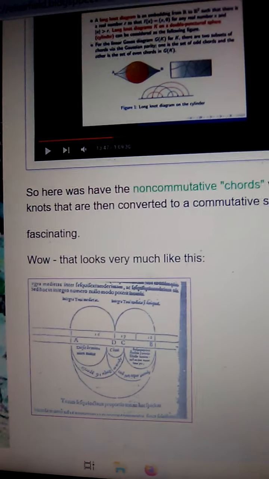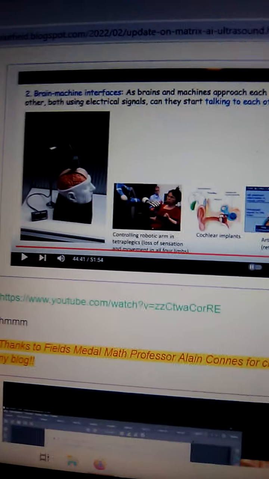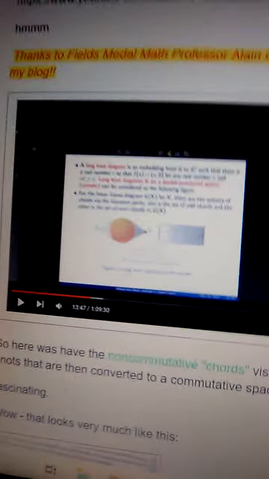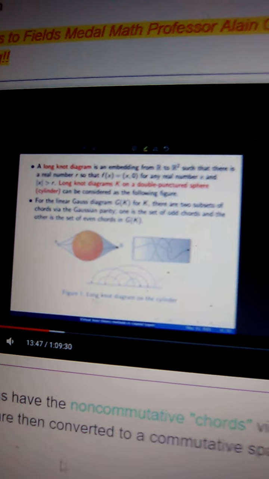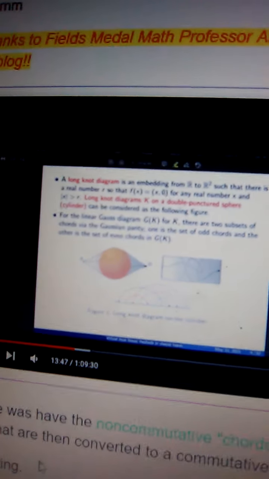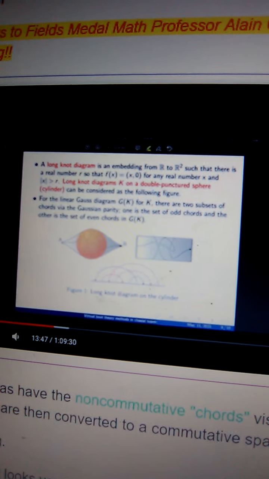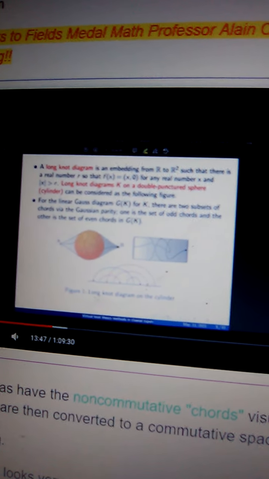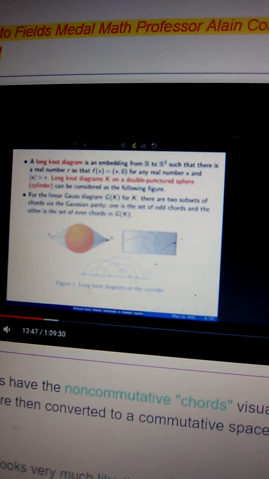So you can see that the same issue has cropped up again, where they're talking about the chords. You're talking about these non-commutative chords within the fundamental frequency. So that would be your original fundamental frequency as a symmetric magnitude or wavelength, whereby the amplitude is used to define the frequency. But in fact, within that, there are these non-commutative chords.